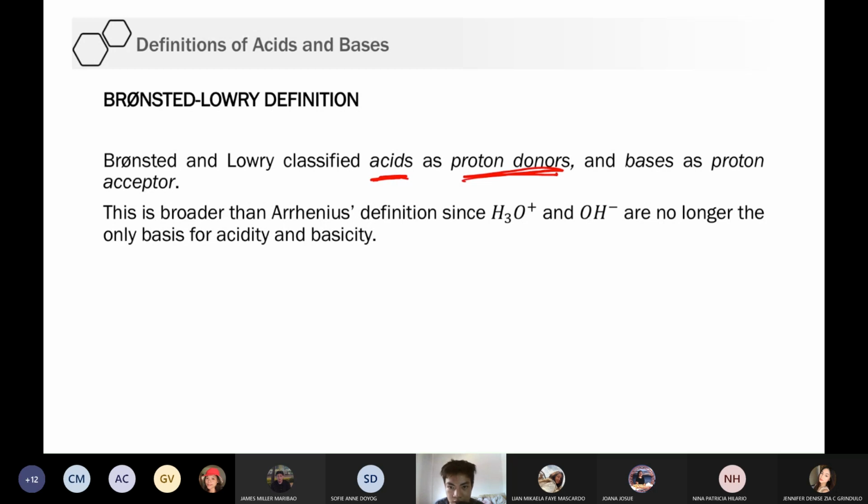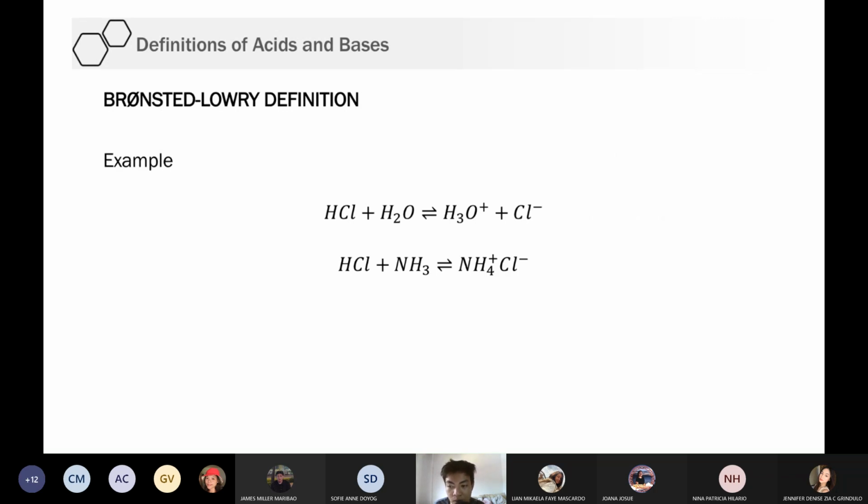Kasi nag-donate siya ng H yun, no? Okay? So, parang kunwari, nag-donate tayo ng money to someone. Kapag tayo nawalan ng money, ibig sabihin, ikaw yung acid. Okay? So, ganun din dito. So, just look at the equation and check which molecule lost a proton. Kung sino yung molecule na nawalan ng proton, siya yung acid.